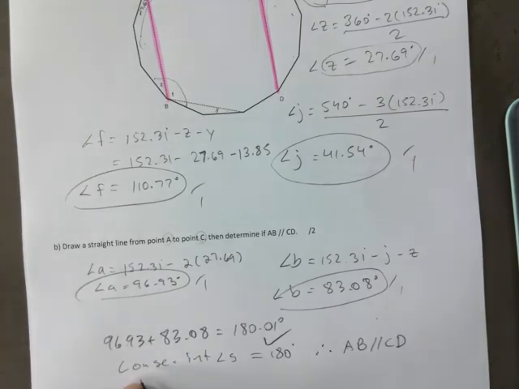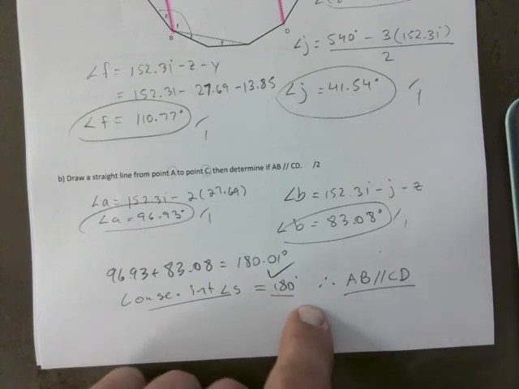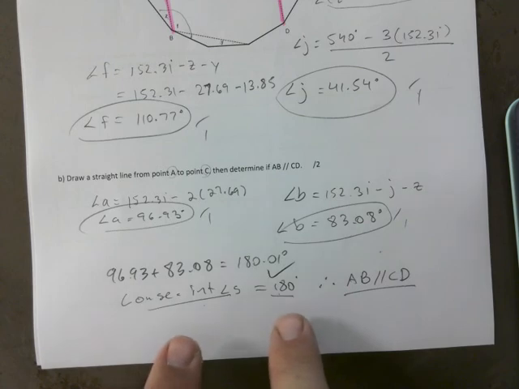Okay, so you need to name what's true about it and your final conclusion. Tell me explicitly they are parallel or they're not parallel, okay? In the order in which you do that, I don't really care. You can say, yes, AB is parallel to CD because consecutive interior angles are equal to 180.